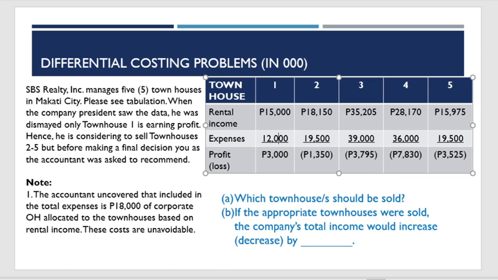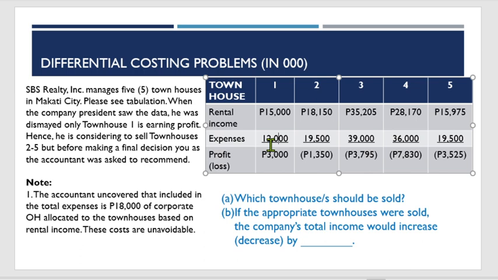For townhouse 1, the unavoidable portion, since 18 million is the source: 18 million times 15 over the total is 2,400,000. That is your unavoidable. So, 2,400,000 is the unavoidable portion there. If the expenses allocated to Townhouse 1 are 12 million, 12 million minus 2,400,000 is only 9,600,000 of avoidable expenses for Townhouse 1.